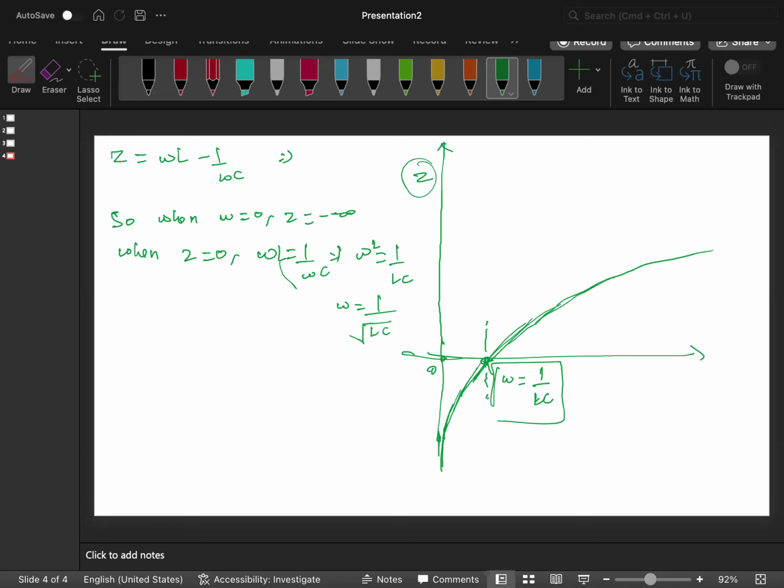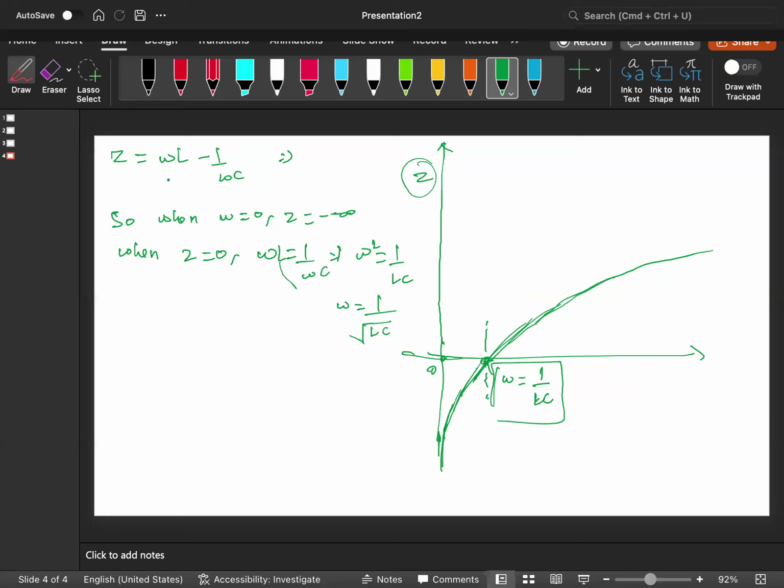So this kind of figure. Also, this is a diagram for when your XL is actually greater than 1 by omega C. Understood my point? Basically XL is greater than this.